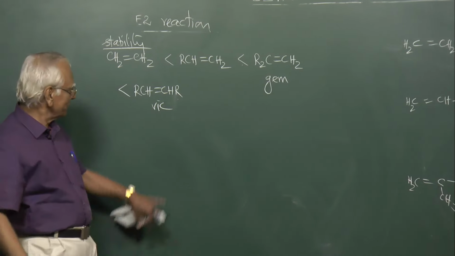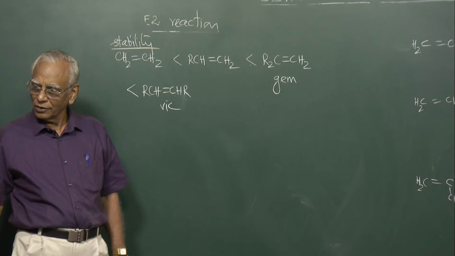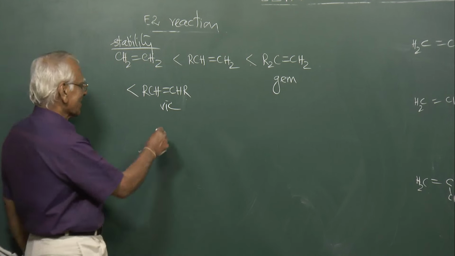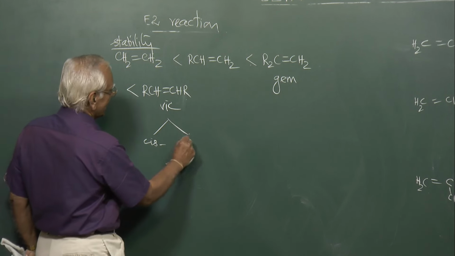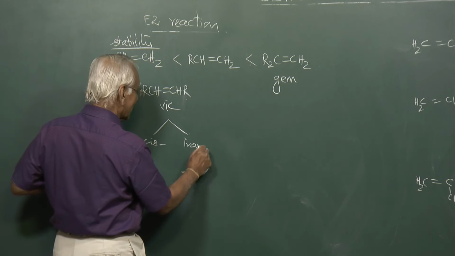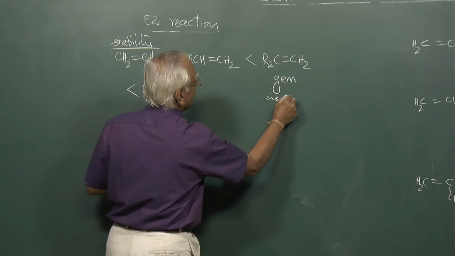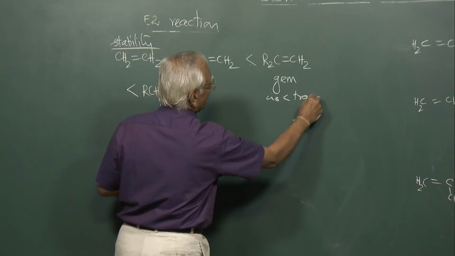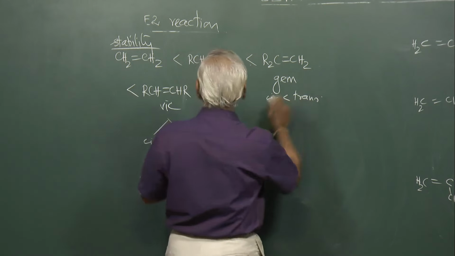And can't you again classify this into two? How? Cis and the trans. And cis is less stable than the trans. You have to say cis less than the trans. We have an explanation for this also.